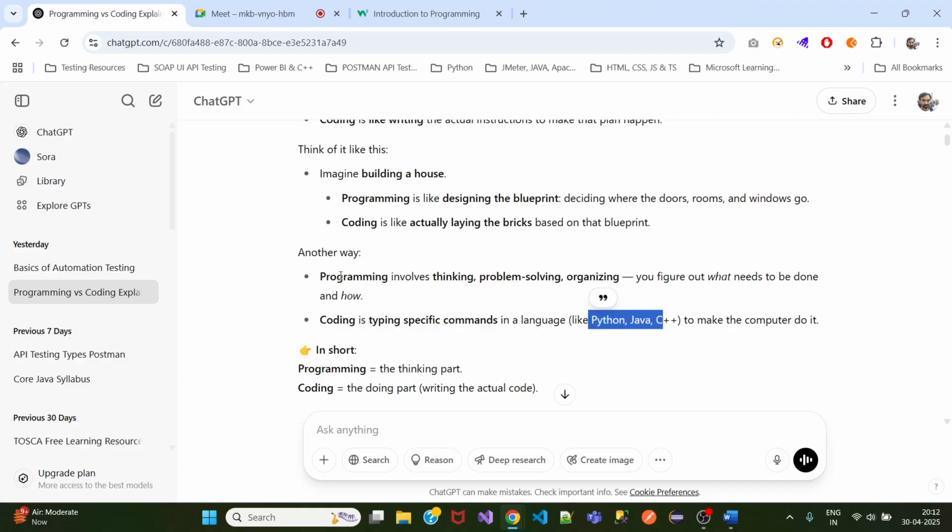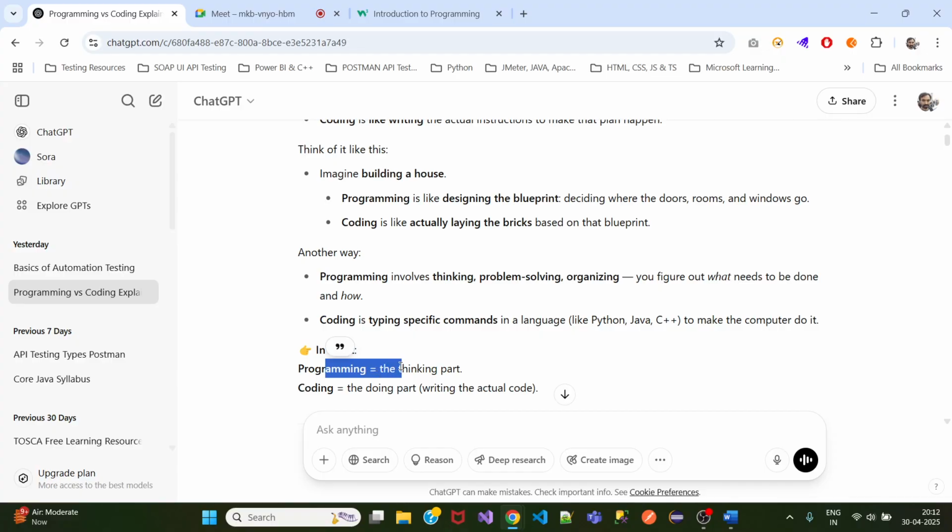But when you're talking specifically about programming, then it is all about how you're putting your thoughts into logic, into problem solving, or organizing them. So that is the thinking part. Coding is doing, writing the actual code. That is where I said programming takes a really long time.